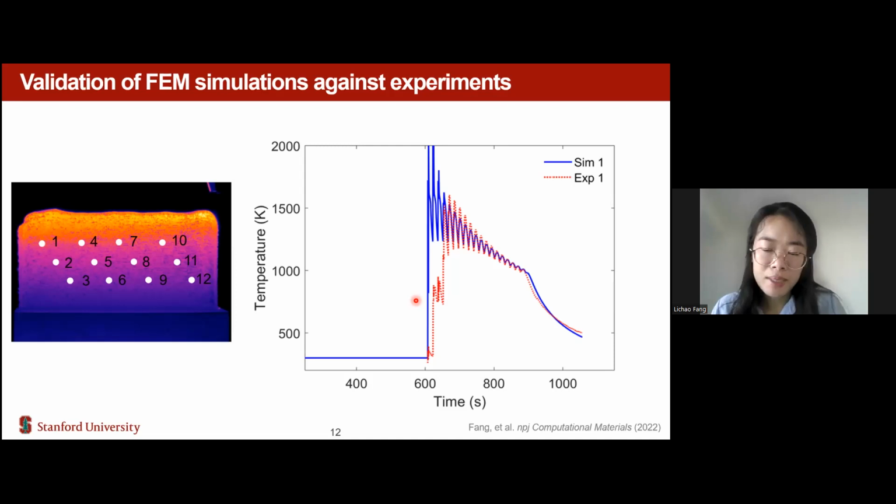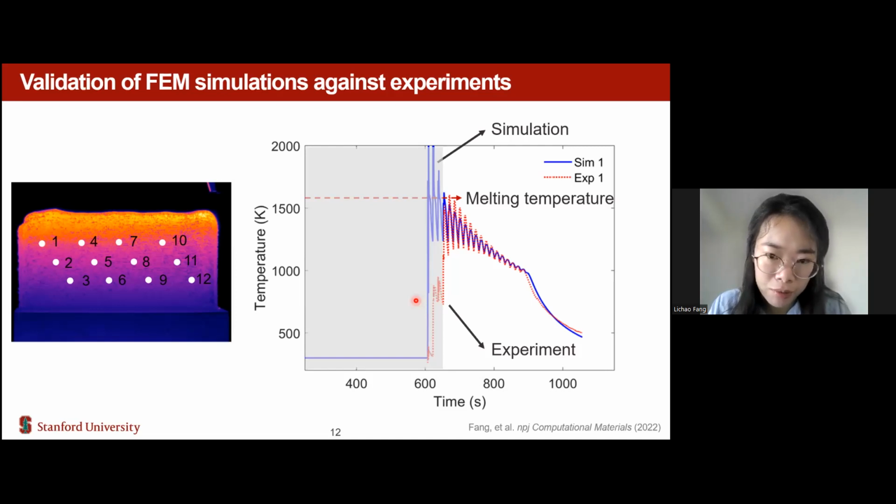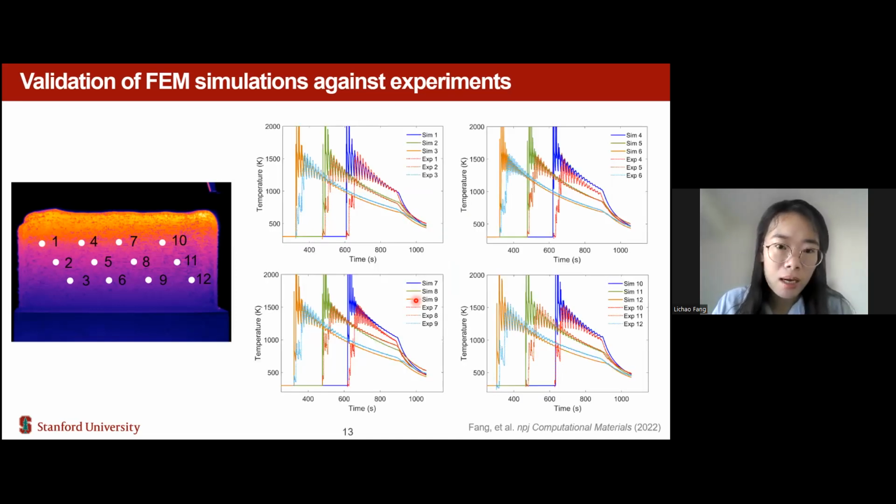Because of that, we only compare the data after the melting temperature. And it looks like pretty good agreement, except for one location. We also extracted multiple locations from different cases and compared the simulation results with experiments, and they all have similar trends.